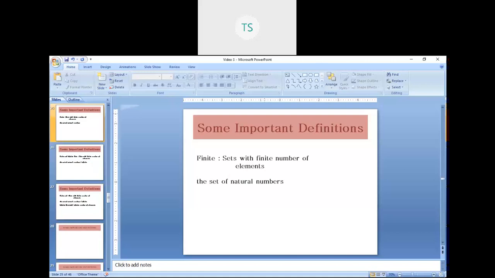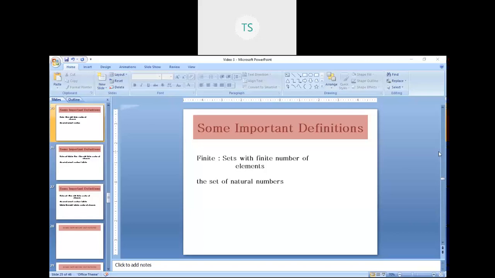The set of natural numbers means numbers from 1, 2, 3, then 4, 5, 6, 7, 8, 9, 10. All these numbers are known as natural numbers. So how many natural numbers will we have? Can you count all the natural numbers?